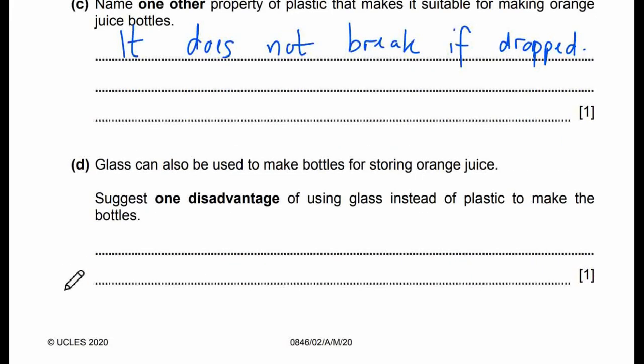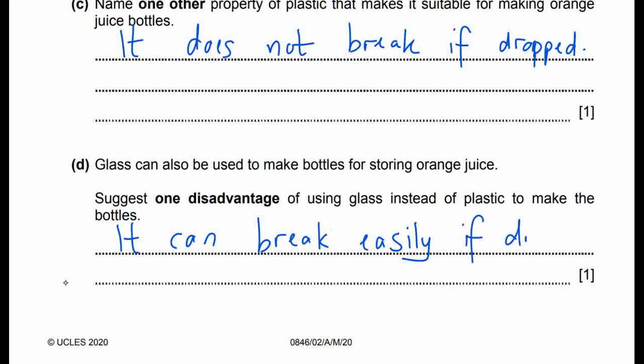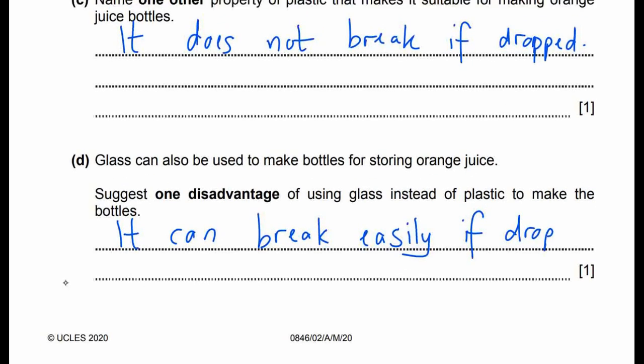Give one disadvantage of using glass instead of plastic to make the bottle. Well, glass can break easily if dropped. So this is the opposite property of plastic.